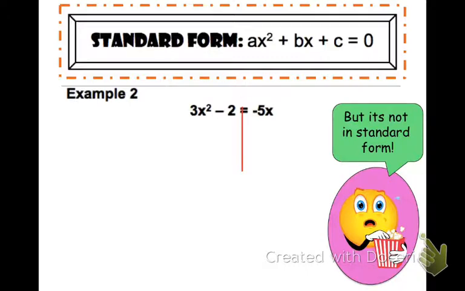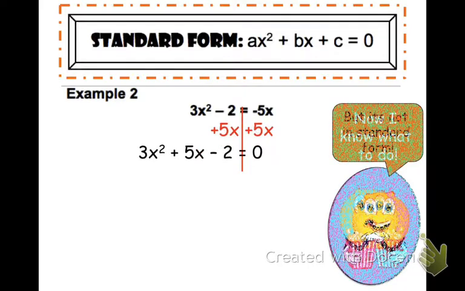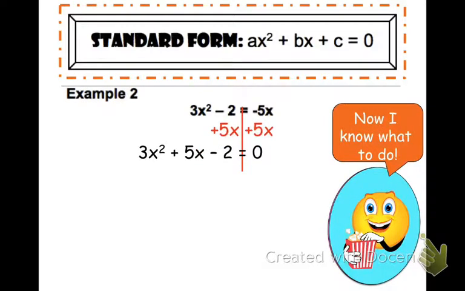So we're going to go ahead and add 5x to both sides. Again, 5x does not combine with any of the other two terms because they are not common terms. So we just write them all out, but make sure you put them in order. 3x squared goes first, 5x goes second, and minus 2 goes third. We want to make sure we write them in order.